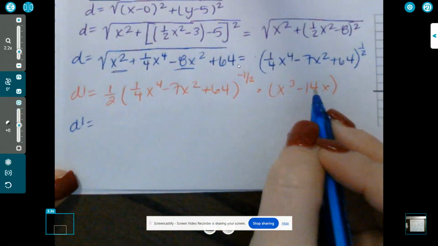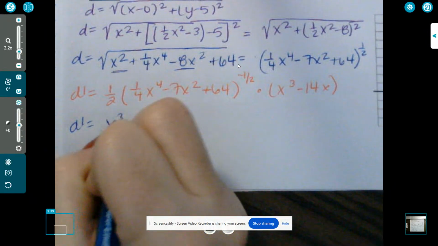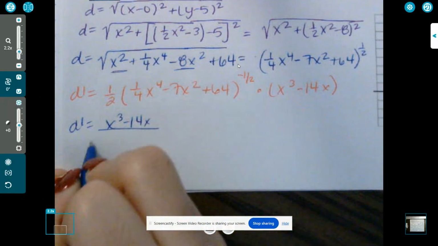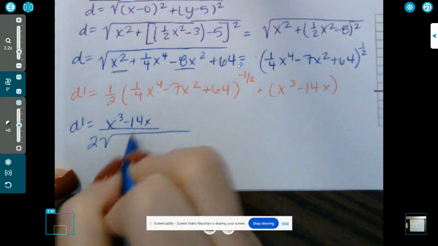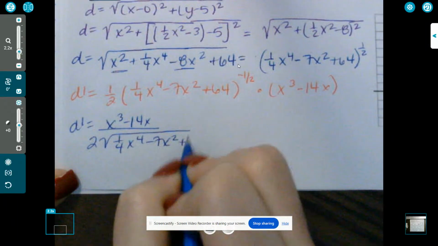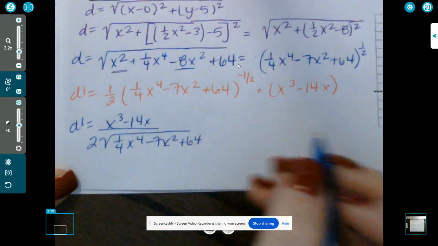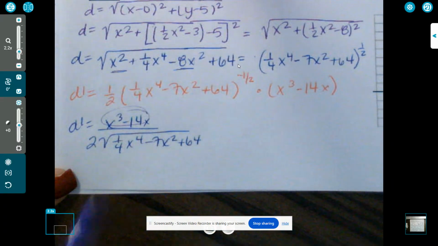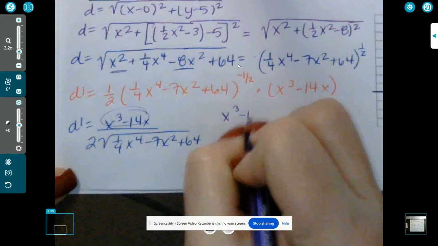So the top would just be the x cubed minus 14x. And the bottom would be the 2 and all of this. Now, it looks like a lot right now. However, you're looking for where this is equal to 0. Well, we know that this function is only equal to 0 where our top is equal to 0. So that's all I have to worry about.